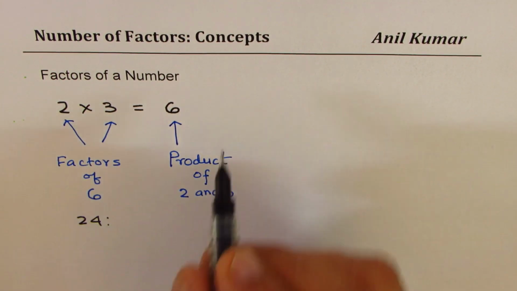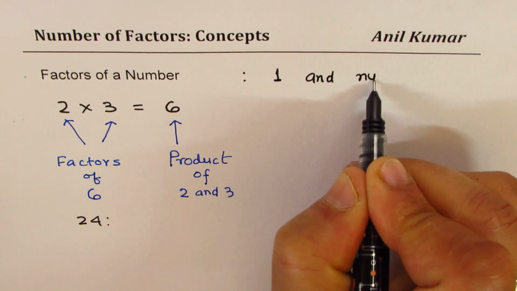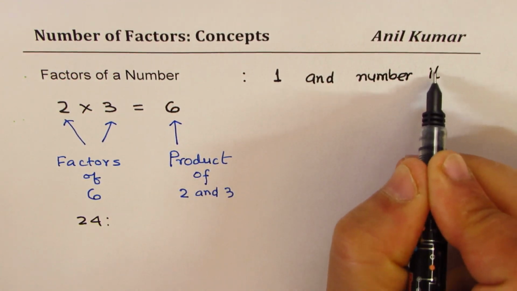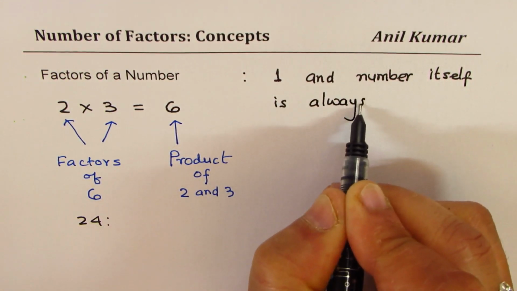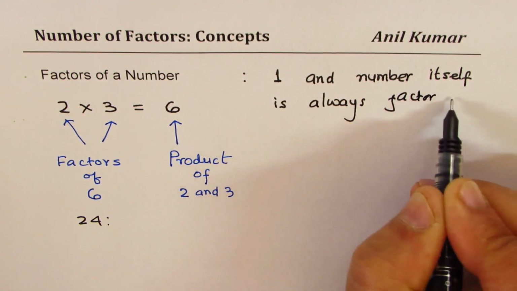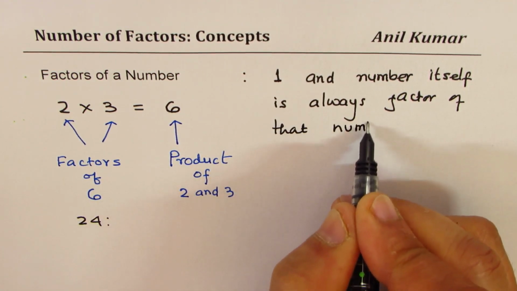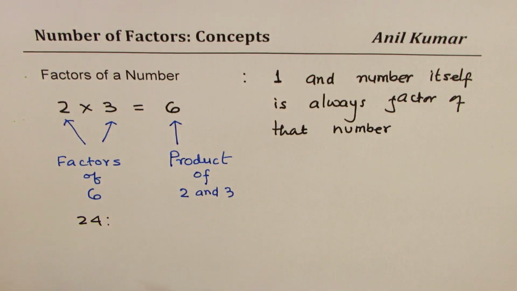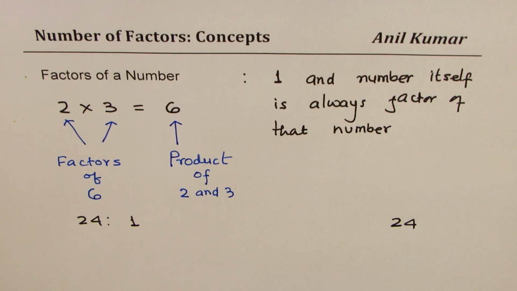What we should do is, we should start with number 1, since 1 and number itself is always a factor of that number. Right, so this is basic rule. So 24, 1 times 24, we'll write 24 here on one end, and we are saying 1 and 24 are factors of 24, right? That means 1 times 24 is 24, correct?